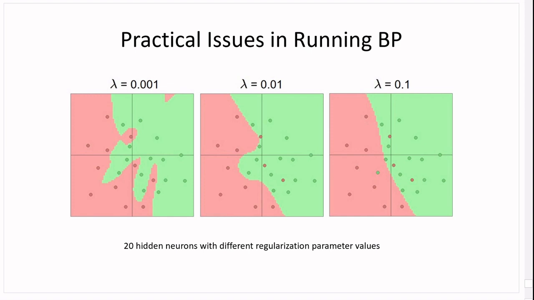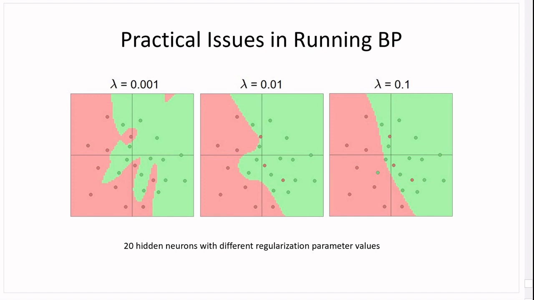In the leftmost panel, the regularization term has been included, but the weight given to that term, lambda, is 0.001. That means a very, very small weight is being given to the regularization, effectively no regularization. If we use 20 hidden neurons for the given problem, the boundary looks very complex, as you can see in the leftmost panel.